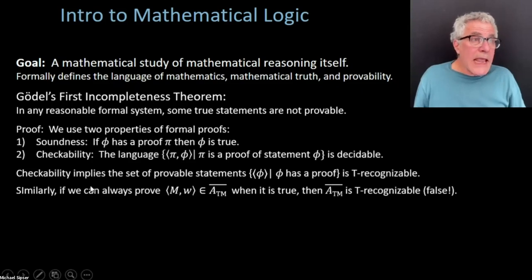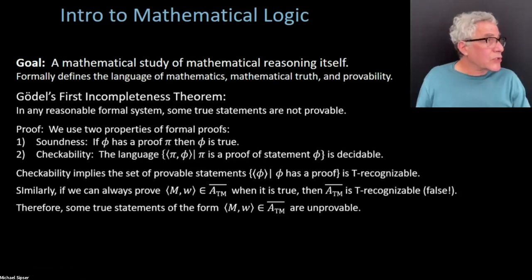If you could prove every statement of this form when it happens to be true, obviously you can't prove the ones that are not true, then ATM complement would be Turing recognizable, for the same reason as above. But we know that that's false. So there must be some statement of this kind which is true, but does not have a proof, because otherwise ATM complement would be recognizable.